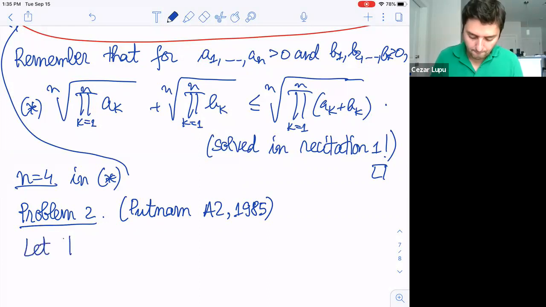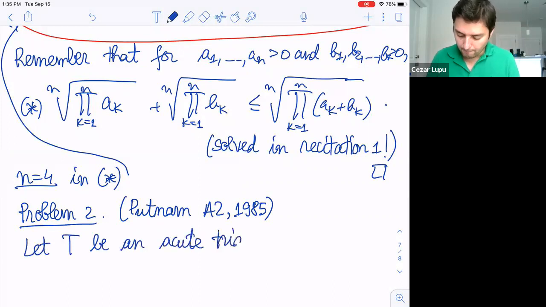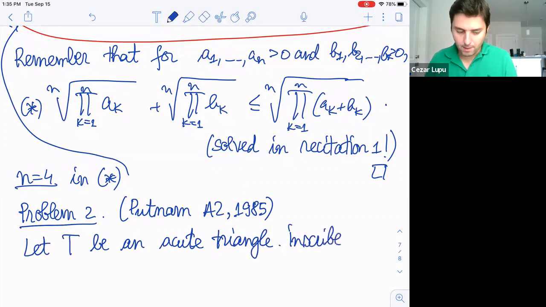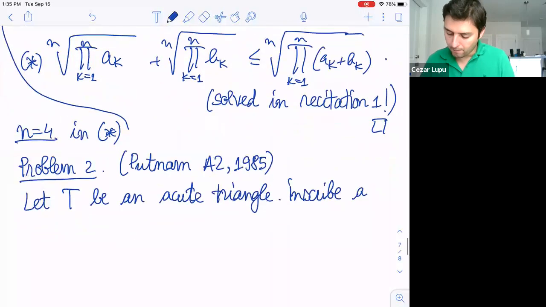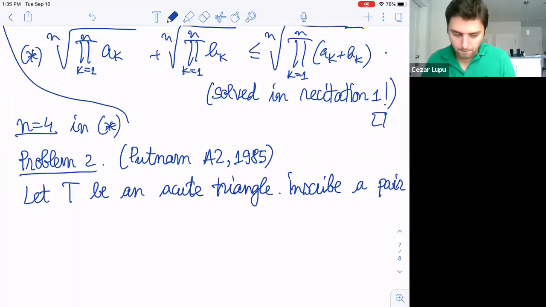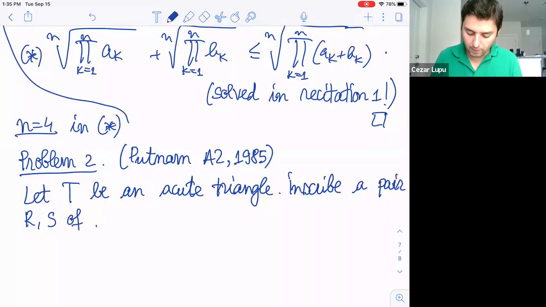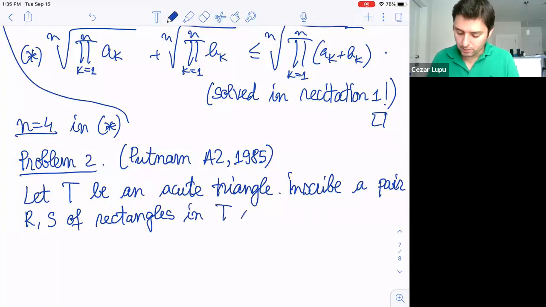Let T be an acute triangle. Inscribe a pair R, S of rectangles in T as shown below.